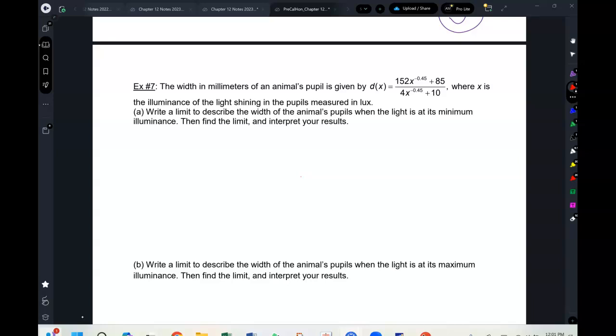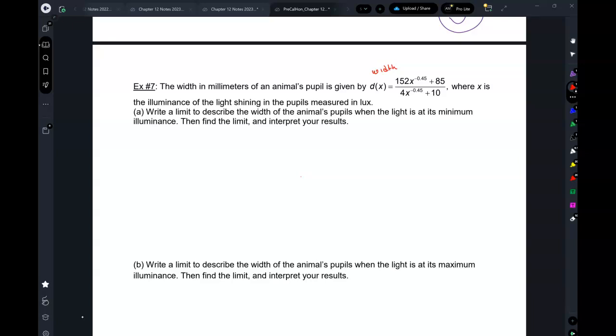Okay. All right. So the width in millimeters of an animal's pupil, right? That's the part that dilates and stuff, is given by this. So d of x, that's the width, right?